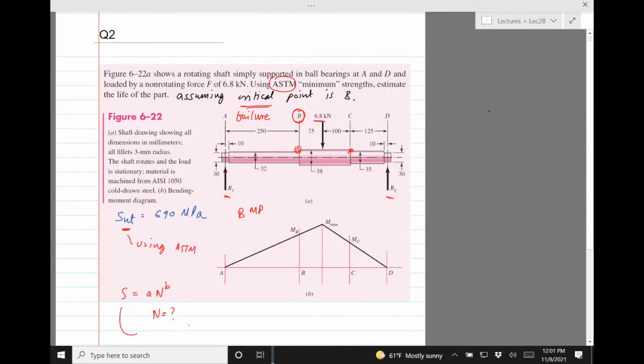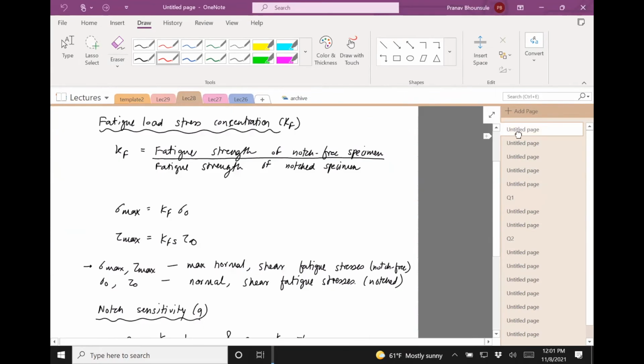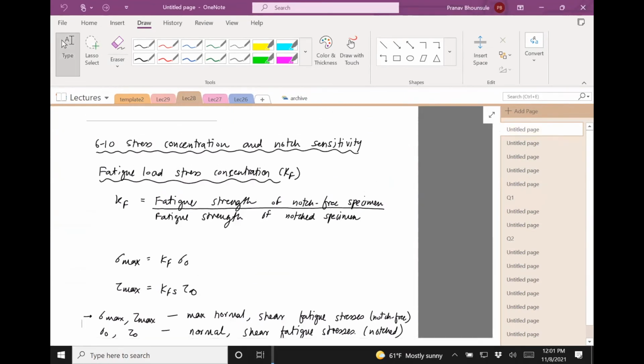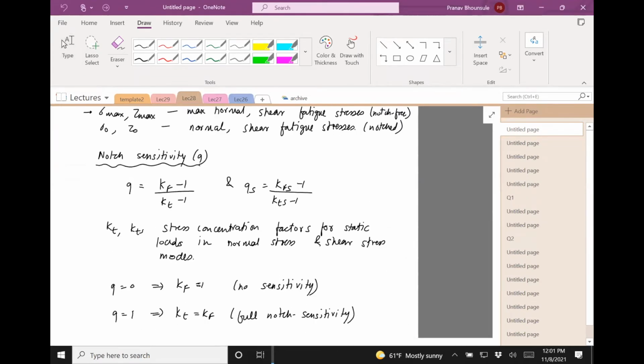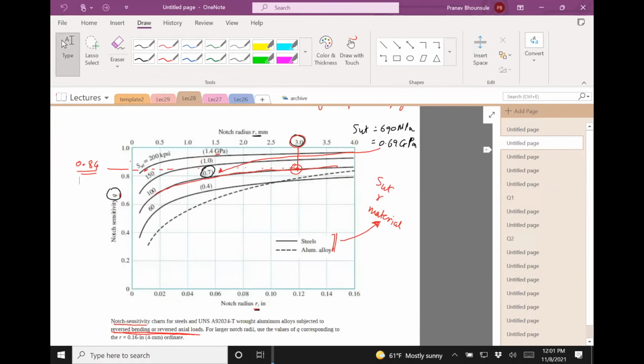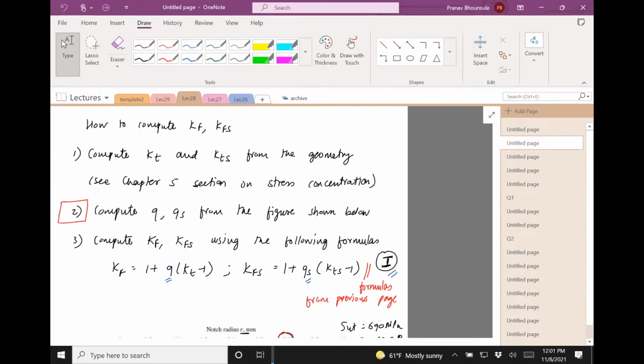So what we were doing, we were talking about stress concentration and notch sensitivity, this factor Kf, and I outlined an algorithm to compute that. You need to find the Kt, which is something we covered in chapter 5, stress concentration. So we find that from the geometry and looking at the tables from the appendix.